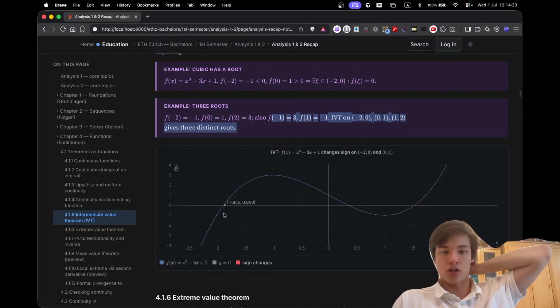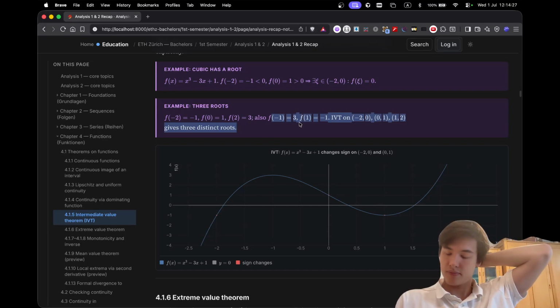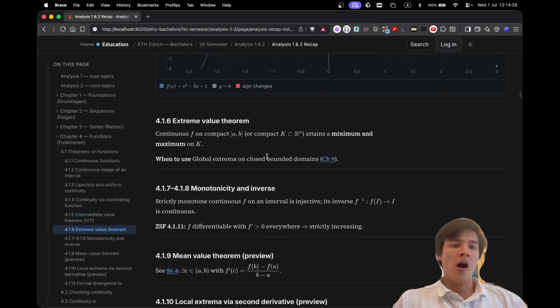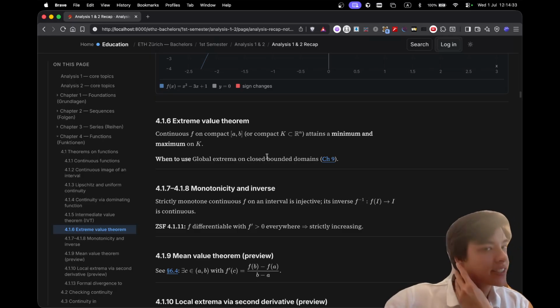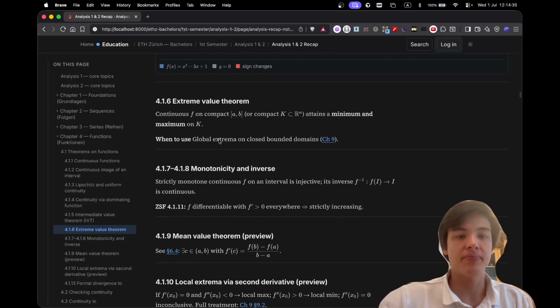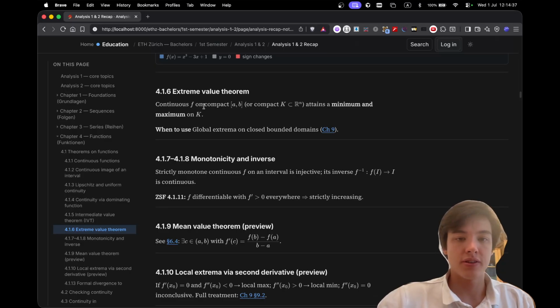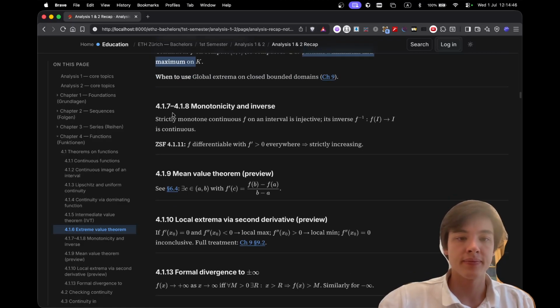And just to show you, extreme value theorem. If f is continuous on a compact [a, b], then it attains a minimum and maximum. Already said that.